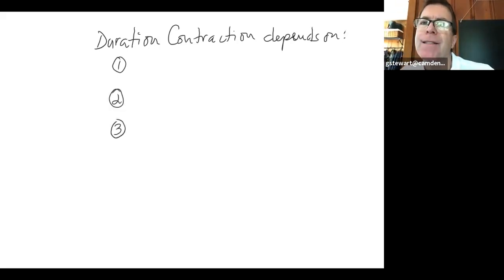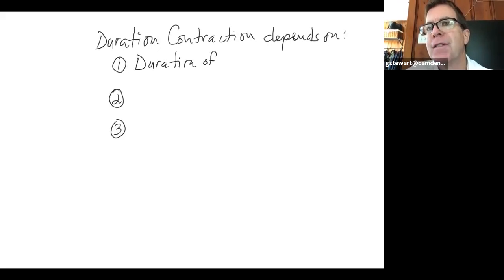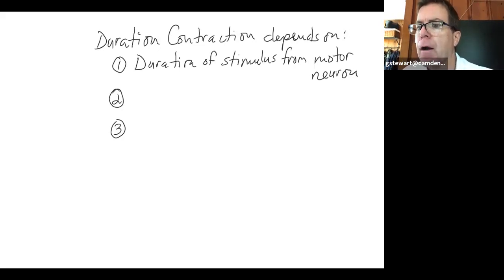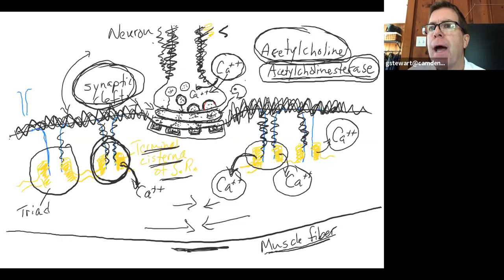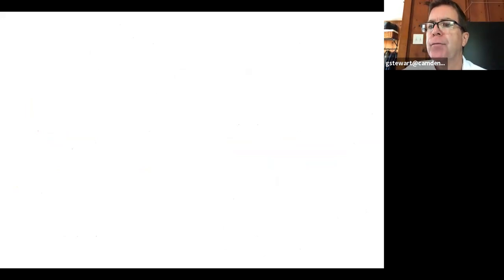What dictates how long a muscle can contract is first dependent on the duration of stimulus from the motor neuron, from the nerve cell. So way back in our first drawing, number one, how long this nerve cell keeps stimulating this muscle cell dictates first how long we can keep contraction.